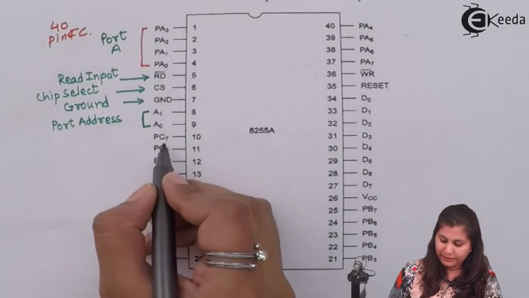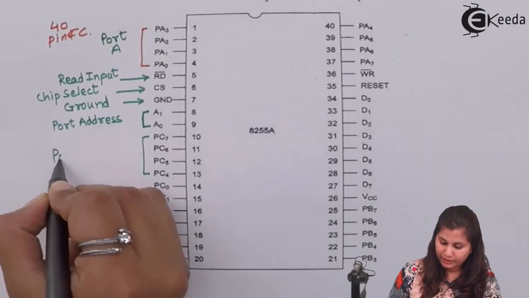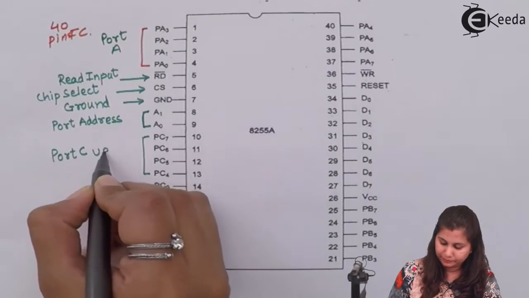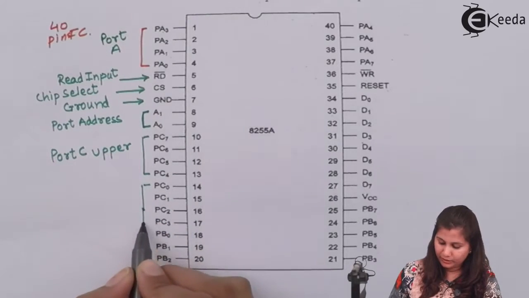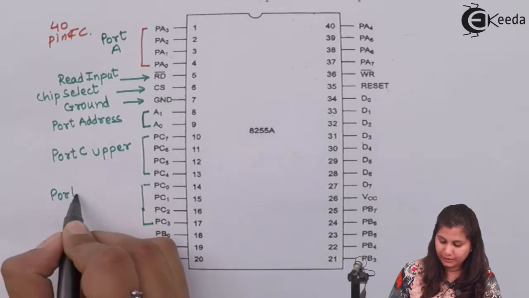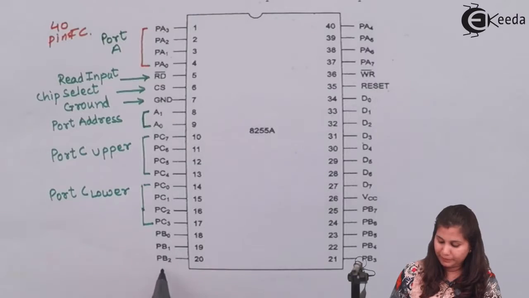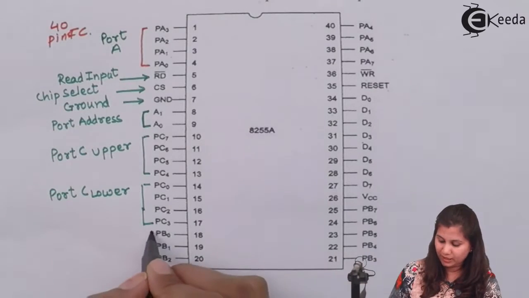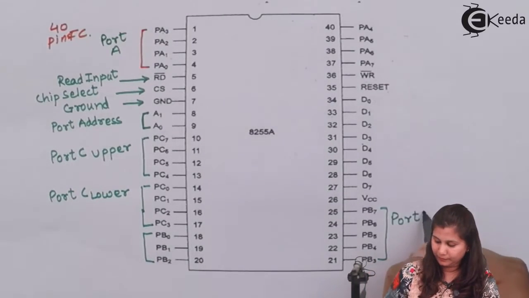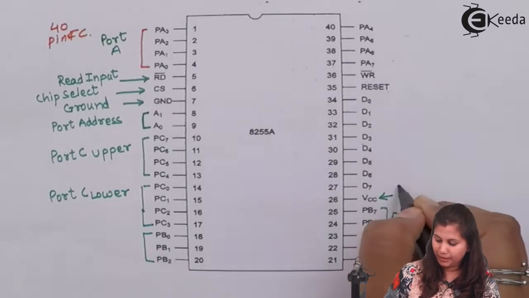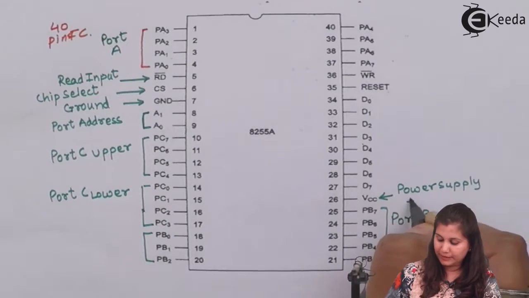Then PC7 to PC4, it is port C upper. Then PC0 to PC3, it is port C lower. Then PB0, PB1, PB2, PB3 till PB7, these are port B. Then VCC, it is the power supply, which is plus 5 volt.